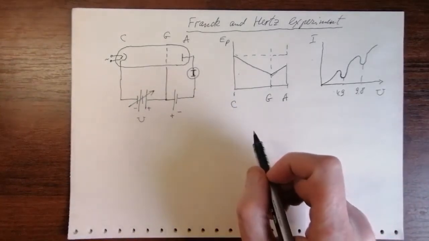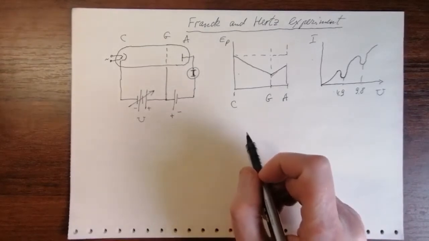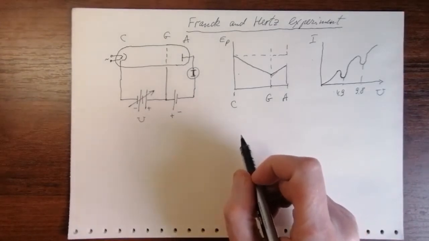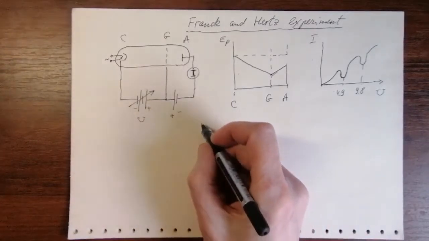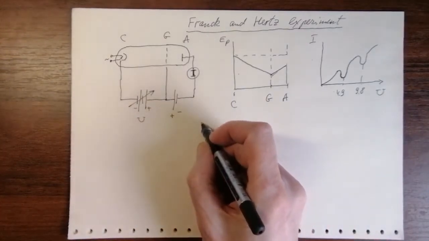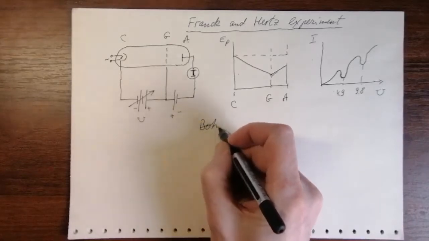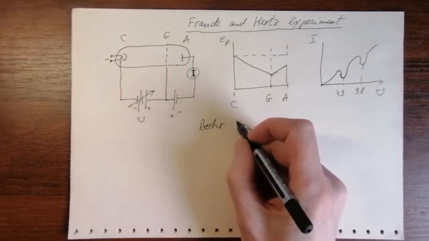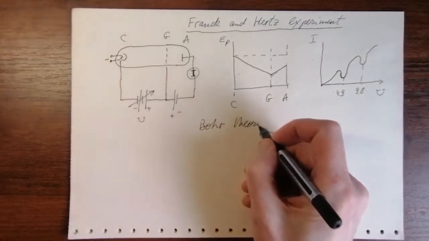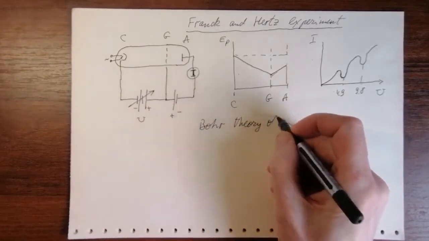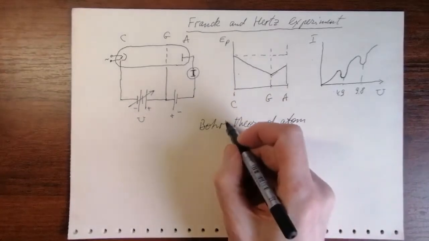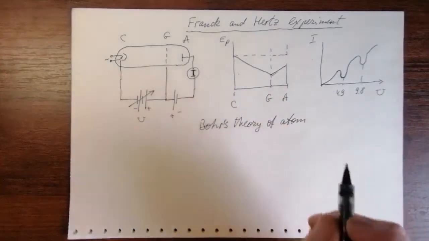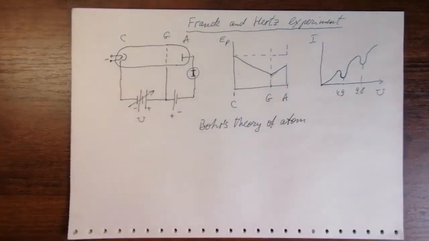Somehow to overcome this problem, Bohr developed a theory of the atom. So we will study now the so-called Bohr's theory of the atom.